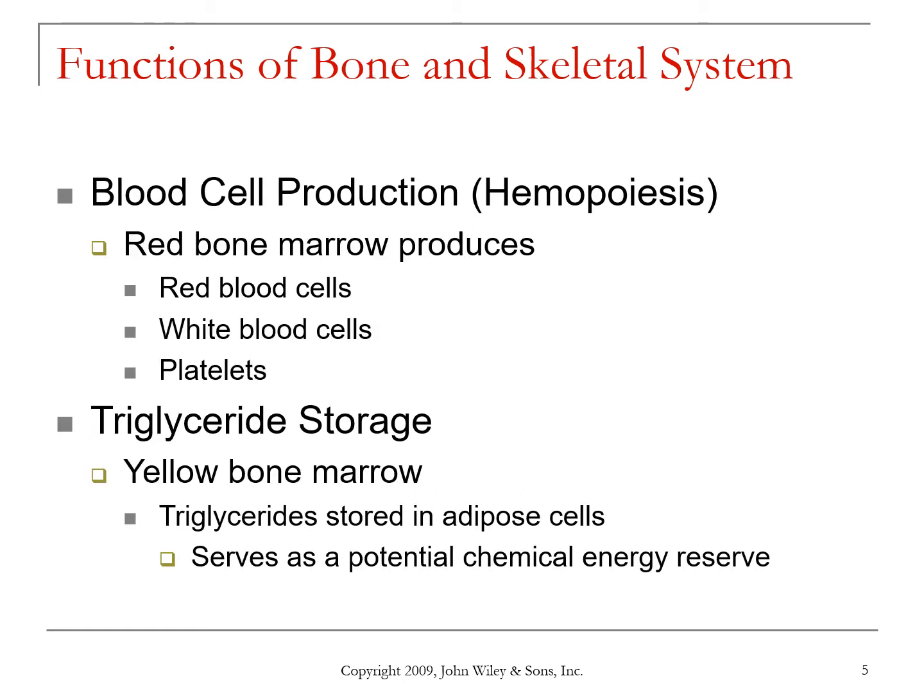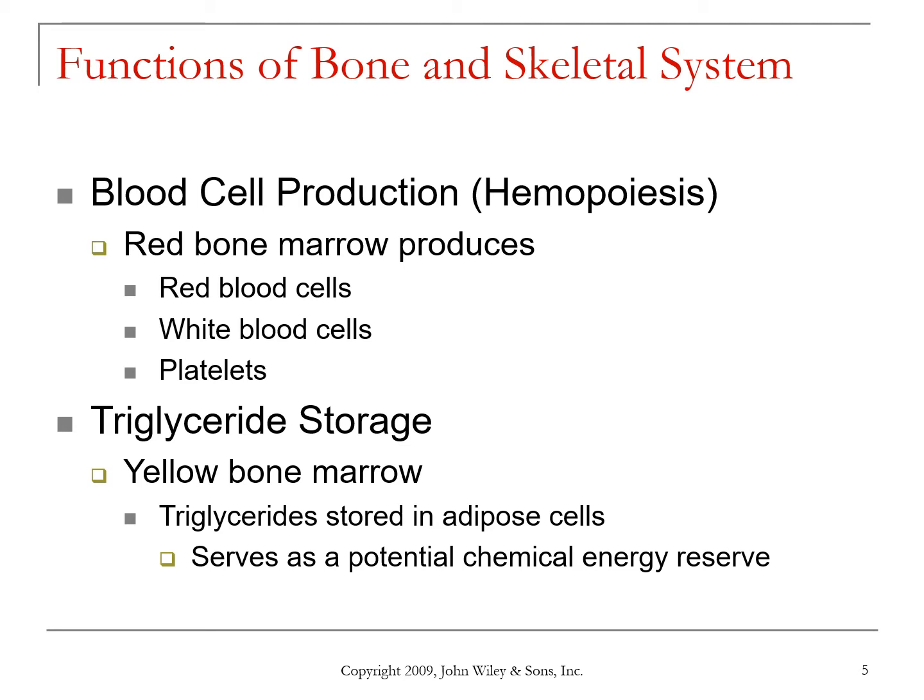A fifth function of bone tissue, again less obvious, is blood cell production. Did you know that your blood cells were produced by a loose connective tissue in your bone cavities? This process is called hemopoiesis or hematopoiesis. Those are synonyms.